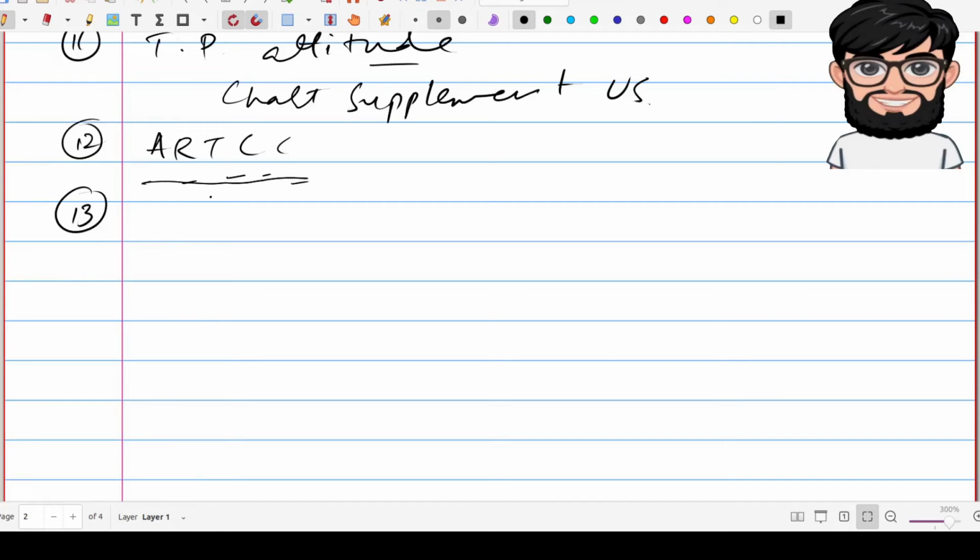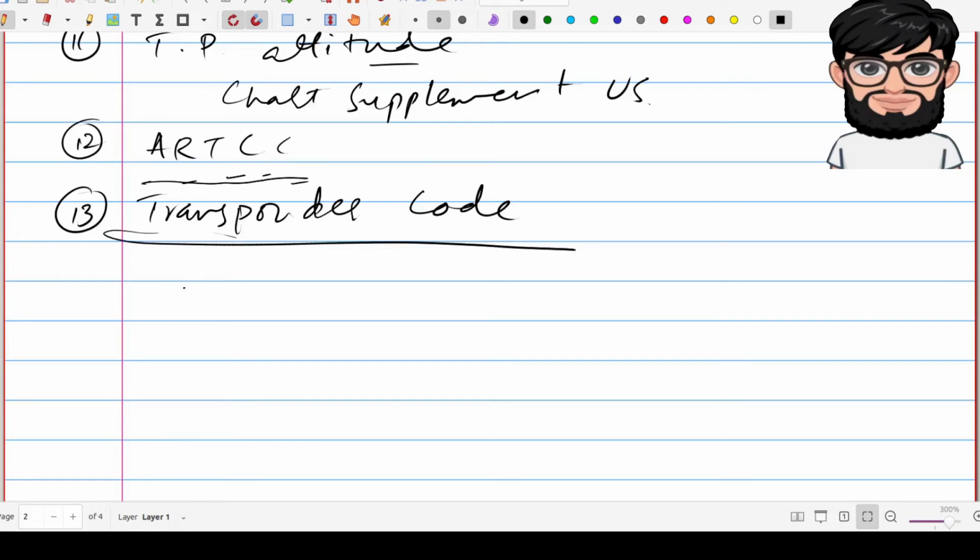Okay, now we wanted to talk about some of the basic transponder codes. If you have been flying for some time, you would see that ATC is going to call you out and say squawk this, which means it is asking you to set your transponder code to something.